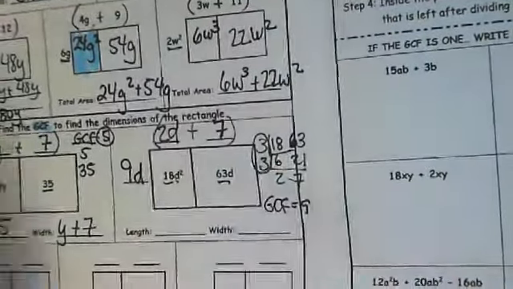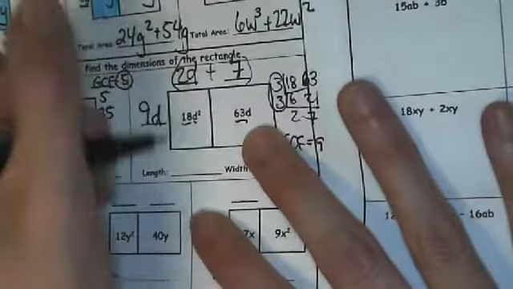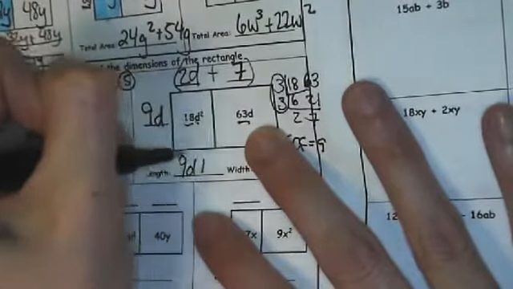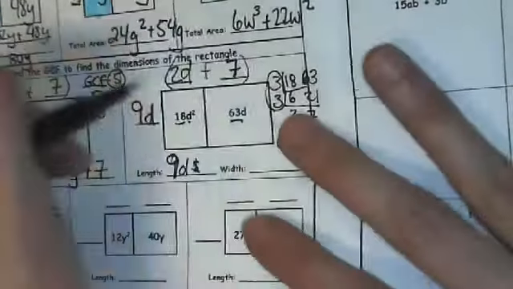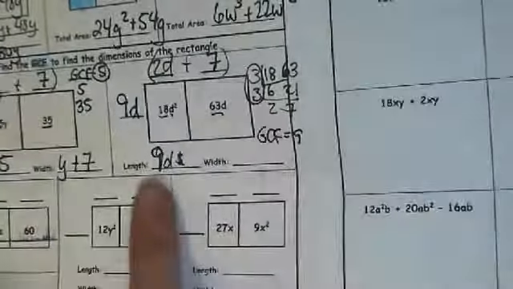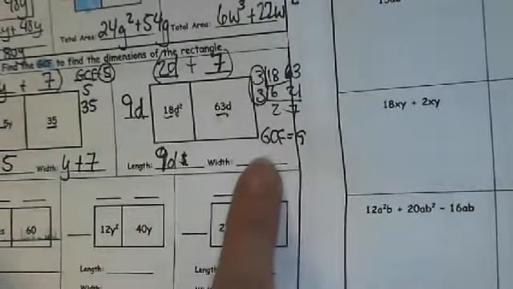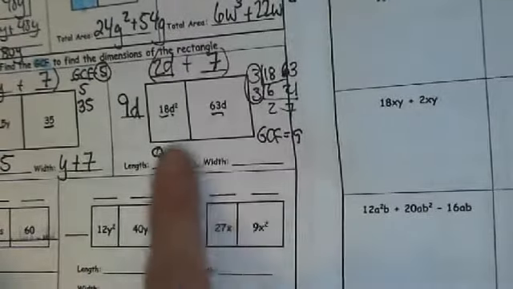So 9d is my width, and it doesn't matter what you put for your length and the width. You can either put the 9d for my width, or the 2d plus 7 is my length.